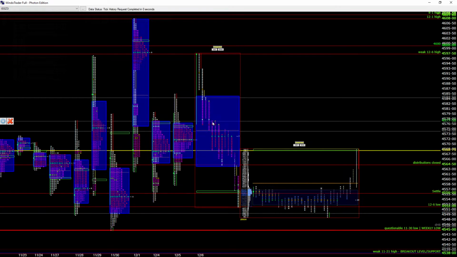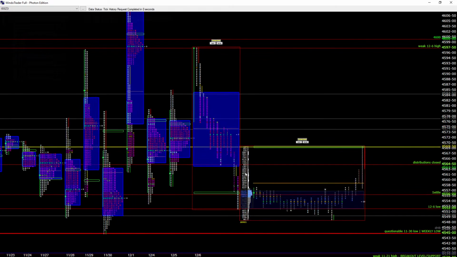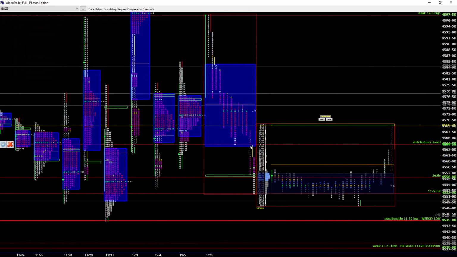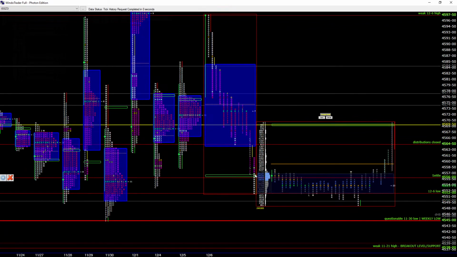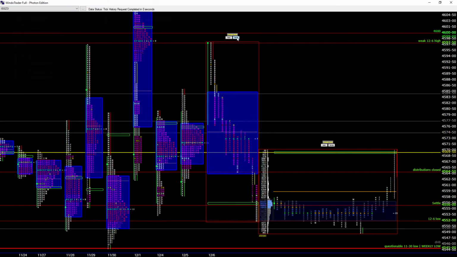Very questionable high here, another questionable high here and here, and finally at the close we have a spike to the downside, and we just form a lower distribution, a small thing here.